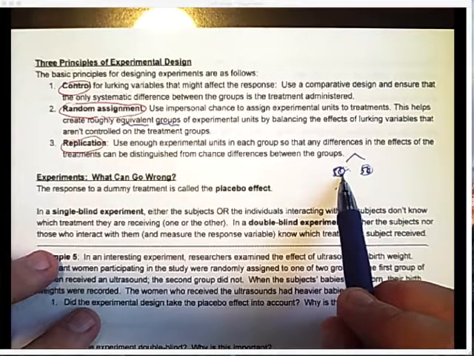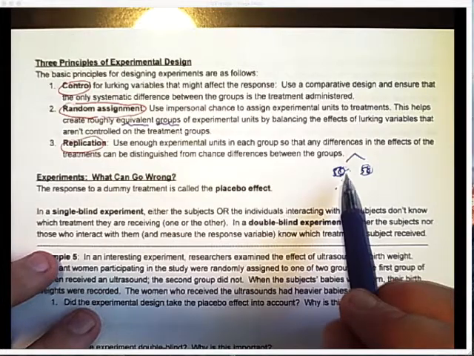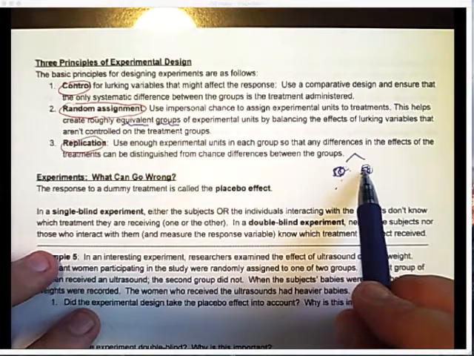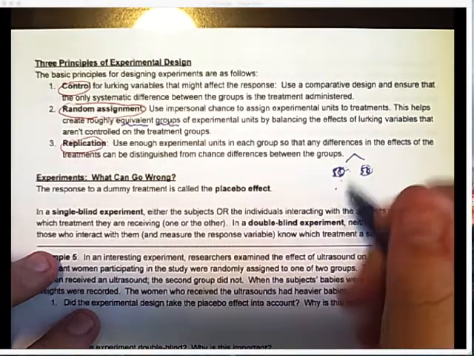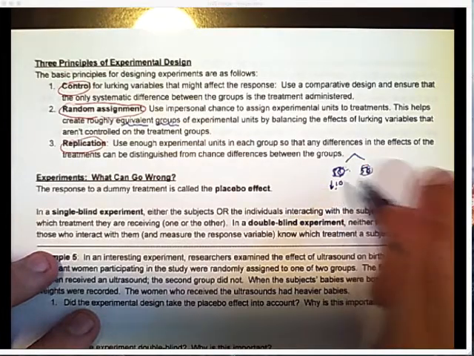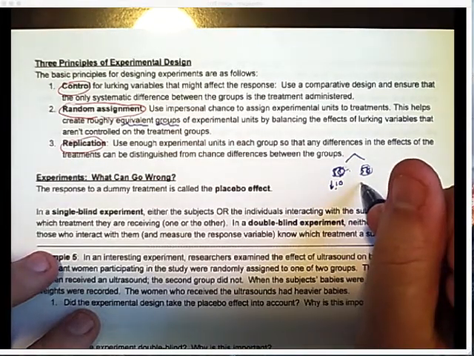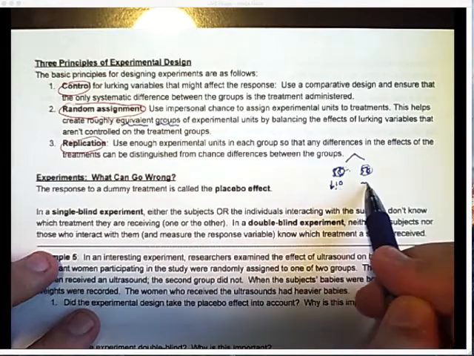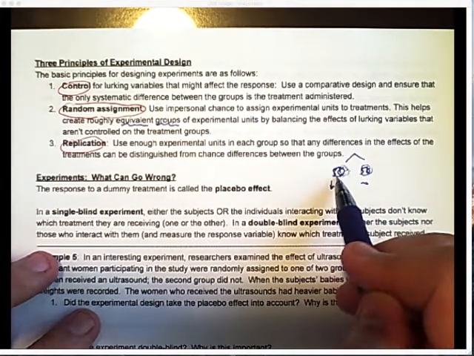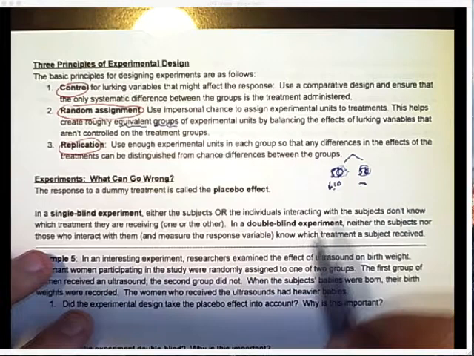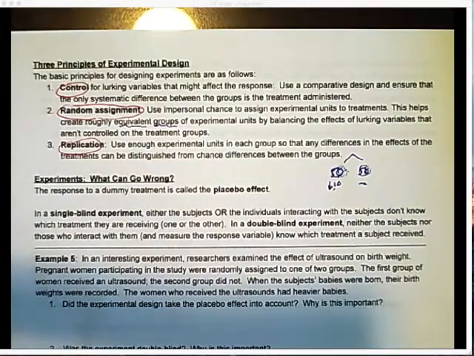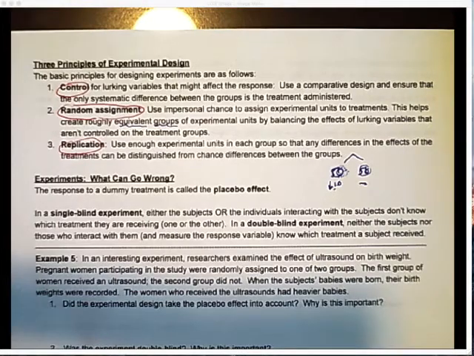It will only be a slight decrease because of that. So replication means use enough people where if this goes down an average of 10, that's substantial. Okay, if this one goes down by 10 more than this one, then you can say with more confidence that the drug might be influencing cholesterol level reduction. All right, we talked about this a little bit on the last page.